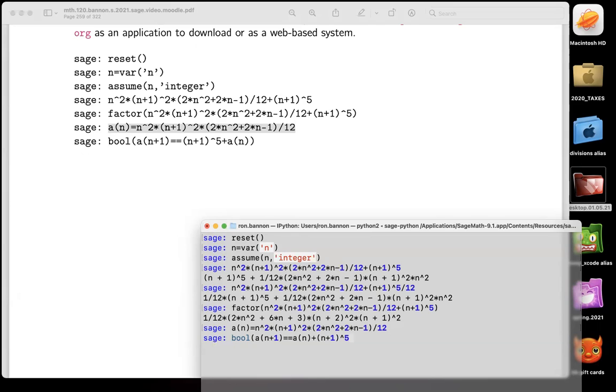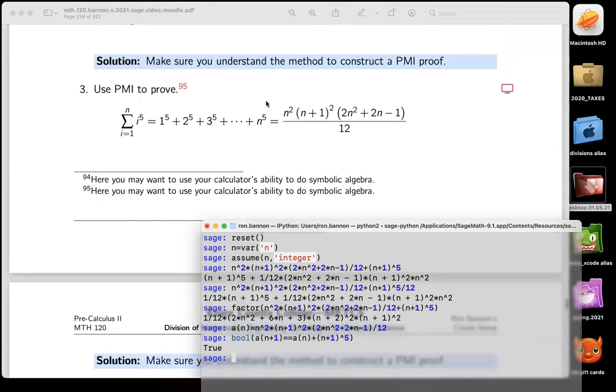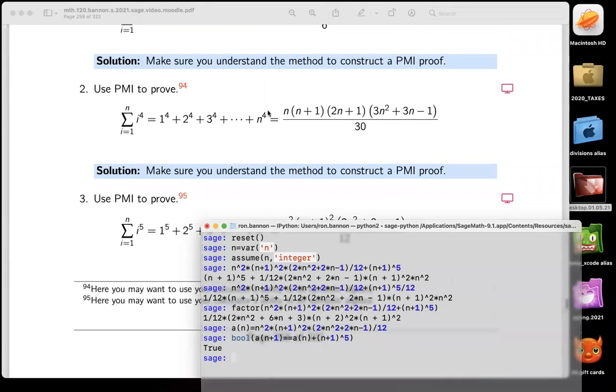This is what we're looking to do. So I'm going to hit the return. True. All right, I want to go back. And I used a computer algebra system to show that this is true. I want to use a computer algebra system to see if this one is true.